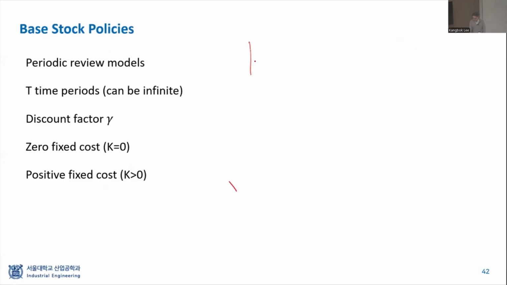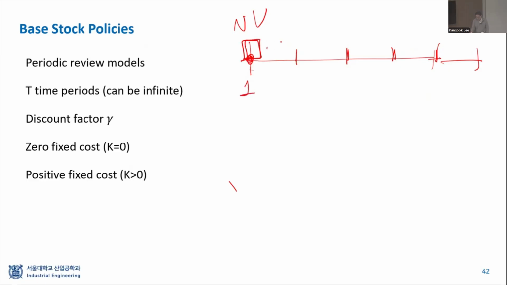Here, everything is just the same as our newsvendor problem, and the only difference is now we have multiple time periods. So in other words, the inventory that I have remaining in one period may carry over to the next period. Also, at the same time, some of the backorder that I had in one time period will also carry over to the next time period.